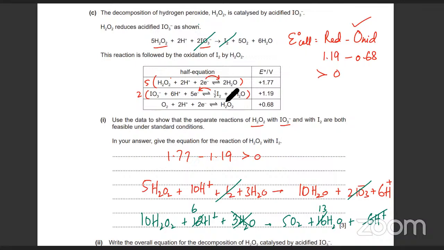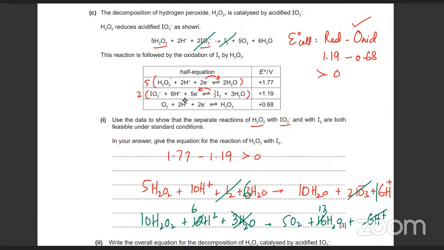And this going in the backward direction, that was I2 plus, it's not 3, that's 6. The 3 over here is going to double. Okay, so this would actually be 6. And in the product you're going to have 2 IO3 minus 1s, and there's 16 H plus 1. Okay, so this one was 16 H plus 1 ions.